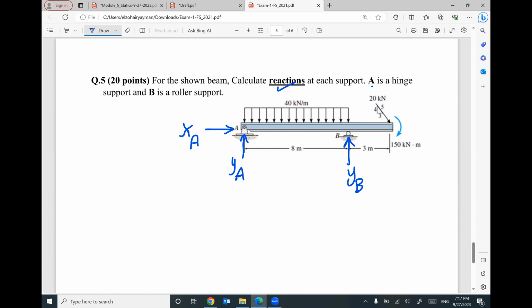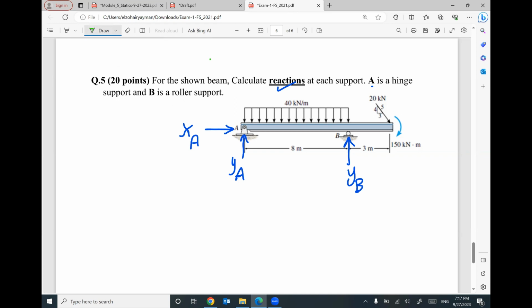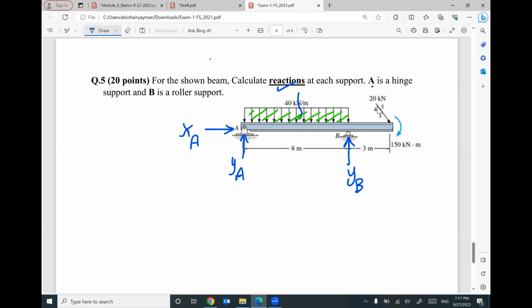We are given a distributed load, which is a rectangle. This rectangle will have an area equal to 40 times 8, and the centroid will be at the midpoint. So your equivalent will be here. 40 times 8 will be 320. And this distance will be 4, and this distance will be 4.